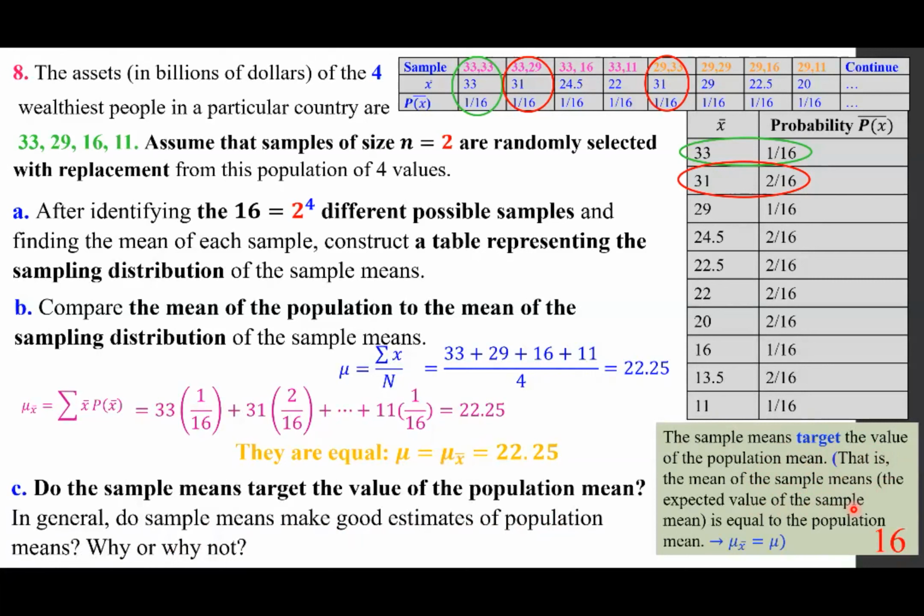The expected value of the sample mean is equal to the population mean. Mu of X bar equals mu. So that's how you estimate it. That's where your sample means can target the value of the population mean, because they end up being identical.